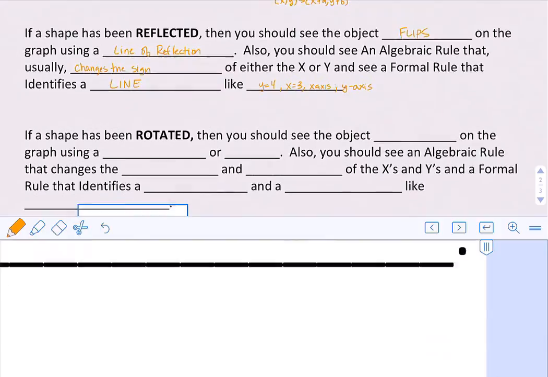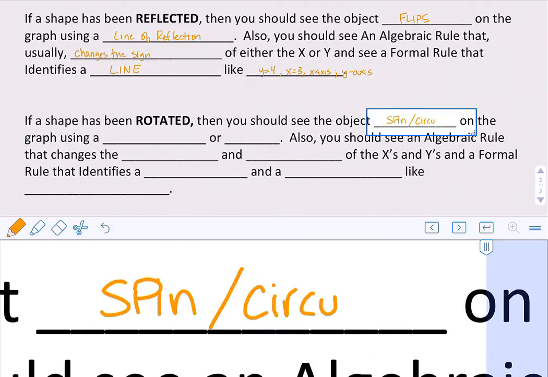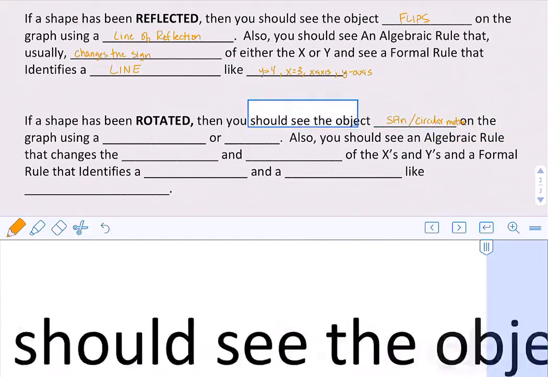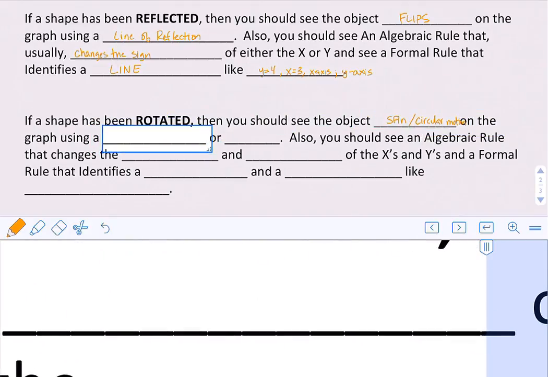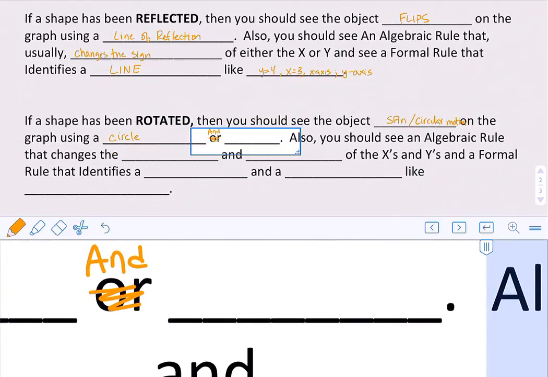Finally, if a shape has been rotated, then you should see the object spin or circular motion on the graph using a circle, and that shouldn't say or, that actually should say and, an angle.